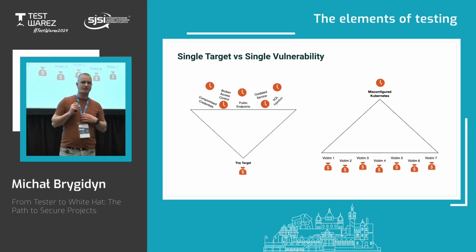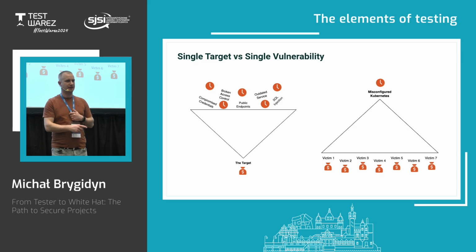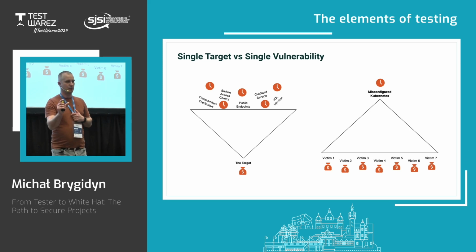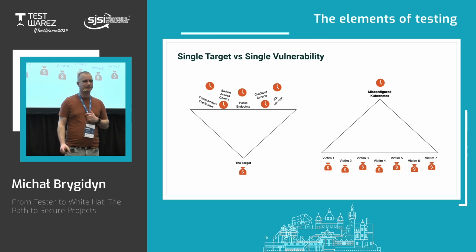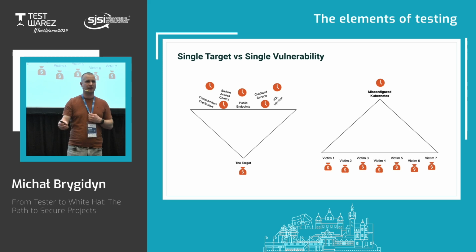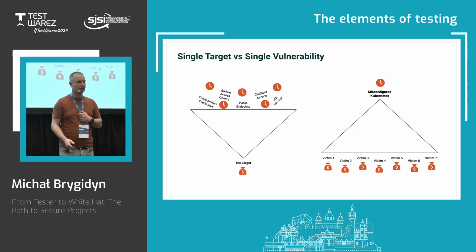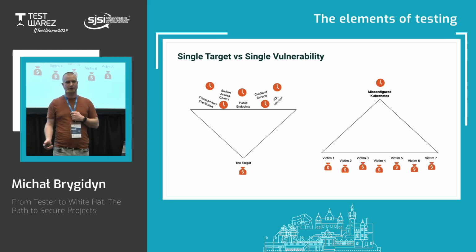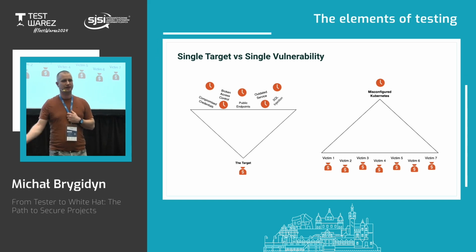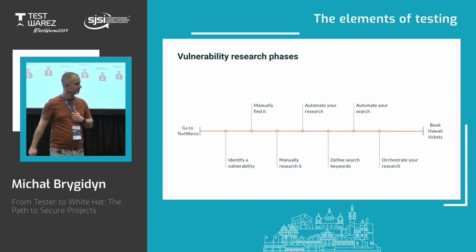But then, if you know that there is a vulnerability like that and it's available globally, you already have one vulnerability available in 100 places. And you can just send 100 reports. Hey, I know you have a problem. I'm a good guy, I will help you. I'm not here to take your money, but if you have a bug bounty program, vulnerability disclosure policy, whatever, I'm your guy. I can help you, and I already know that you have a problem.